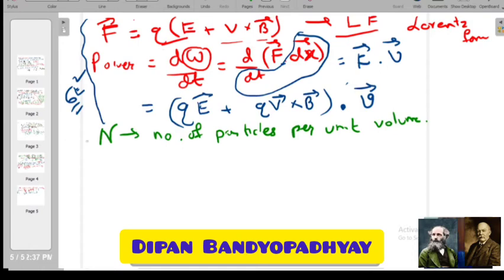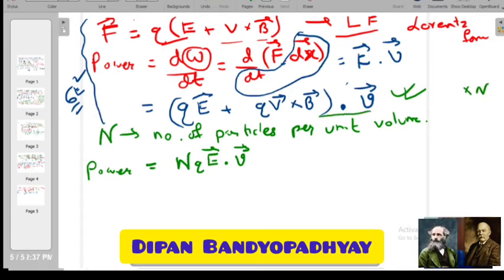Simply this power will be nqE dot velocity. So what I have done is simply multiplied this equation by n.